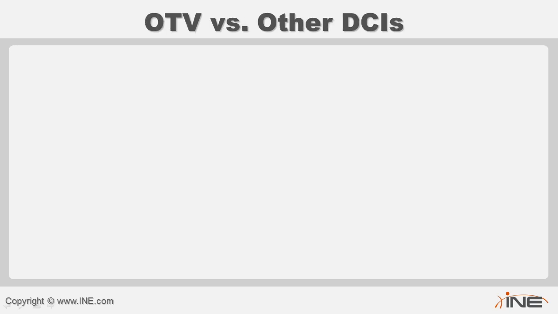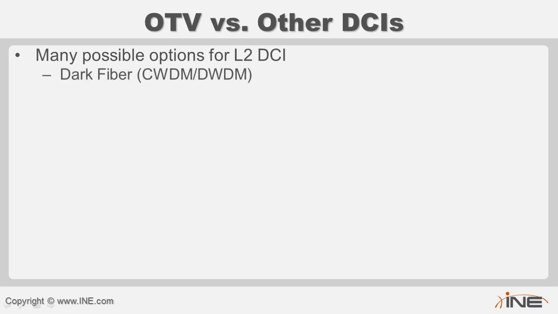So as we talk about OTV within the scope of other possible tunneling techniques, there are many different options that we could use. The most basic of these would be dark fiber, whether this is running over coarse wavelength division multiplexing or dense wavelength division multiplexing, the CWDM or the DWDM, which basically means I have a physical fiber, typically a single mode fiber because we're going longer distances, and then we can take multiple optical signals or multiple optical frequencies and wavelengths and multiplex that over the single physical line.